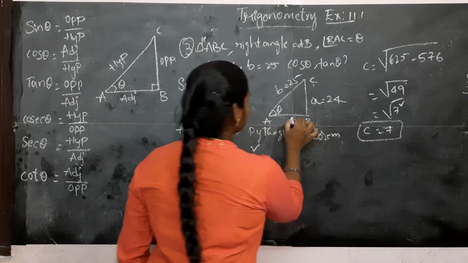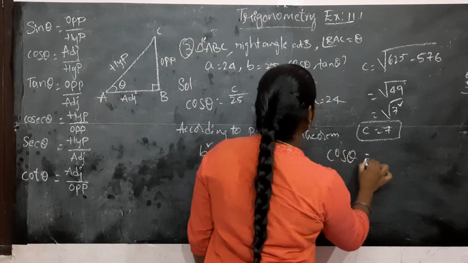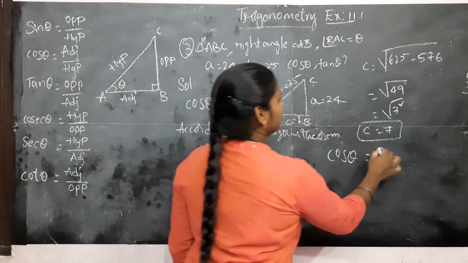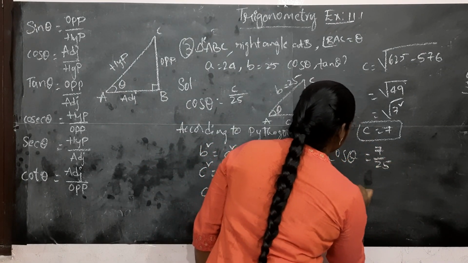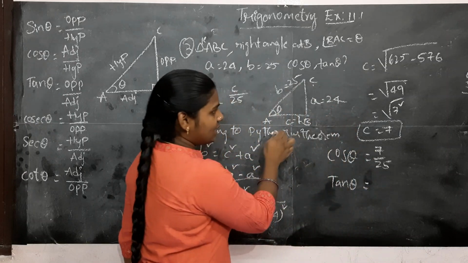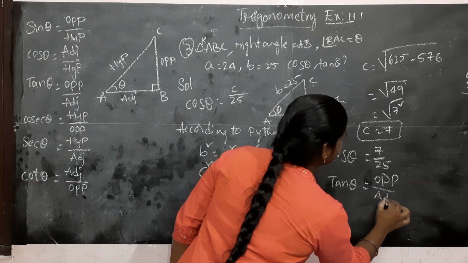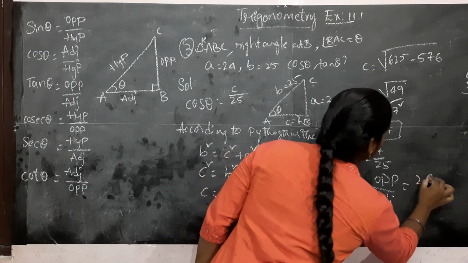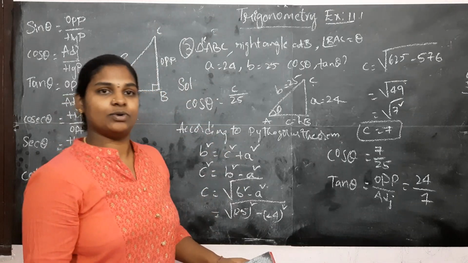So cos theta is equal to 7 by 25, and tan theta is equal to opposite by adjacent, which is nothing but 24 by 7. So that's the third problem.